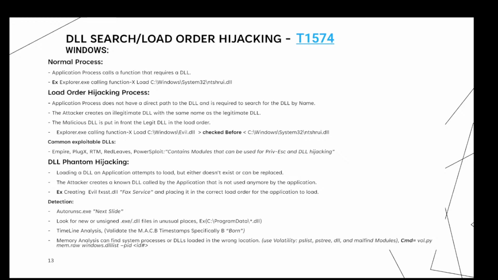If you're unfamiliar with MACB timestamps, modified, accessed, created and born, it's how you forensically identify when something was actually created, and you want to focus mainly on the modified timestamp, because that shows you the last time it was touched. And then you can also do memory analysis to see different DLLs that may have been added and run within memory.